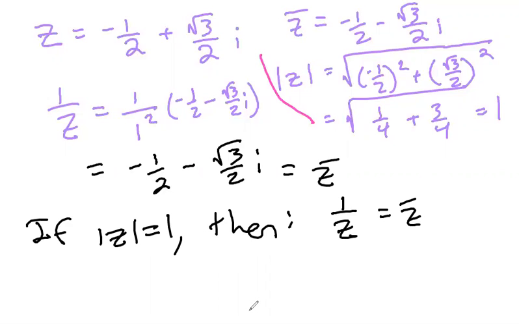The reciprocal and the conjugate are the same if the modulus of z is equal to 1. So that's pretty cool. And I said we'd see some geometric stuff about the modulus and conjugate in a future video. We'll also see some geometric interpretations of this in a future video as well.